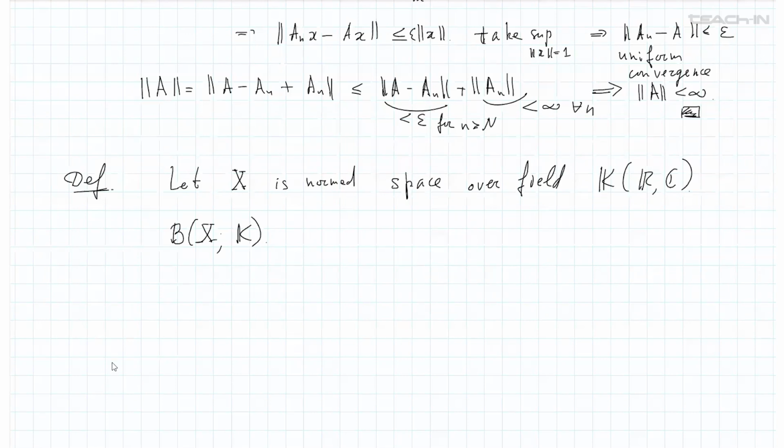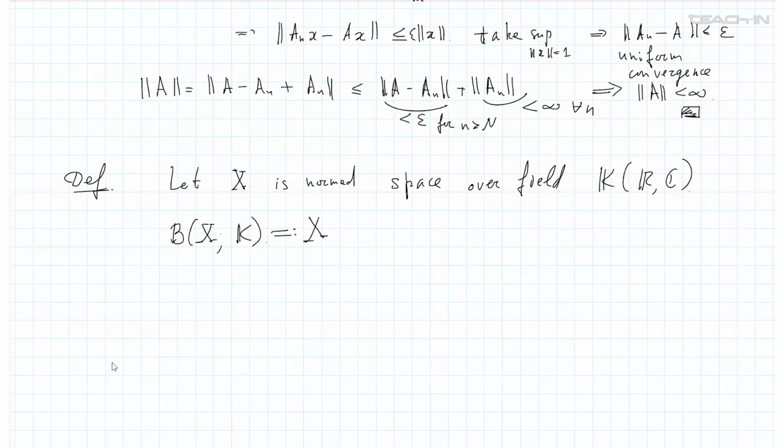The field of real numbers or complex numbers is a normed space too, with the norm being the absolute value of the number. So it is a partial case of operators, but it is a very important case.